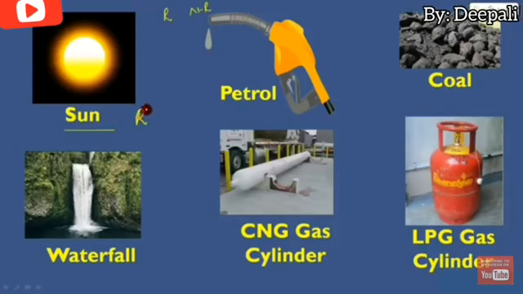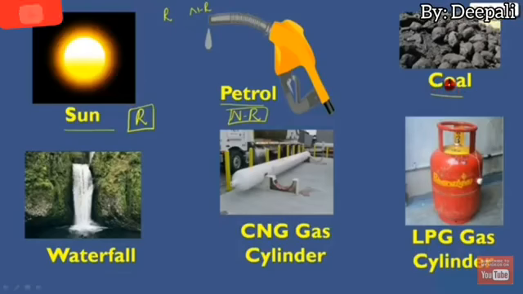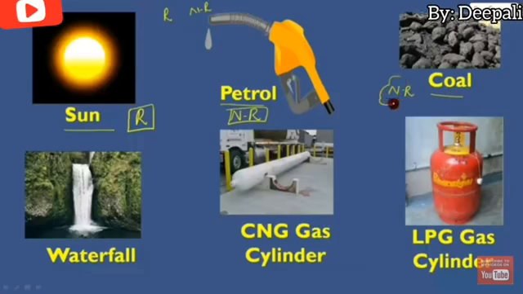First of all, it is sun. It is a renewable source of energy. Petrol, it is non-renewable. Then we have coal, again a non-renewable source of energy.